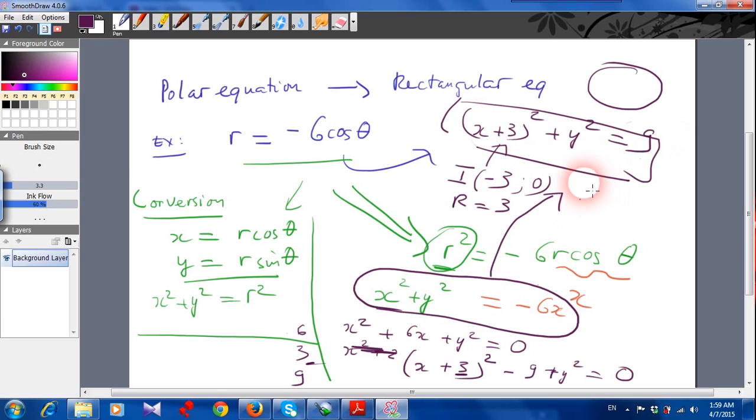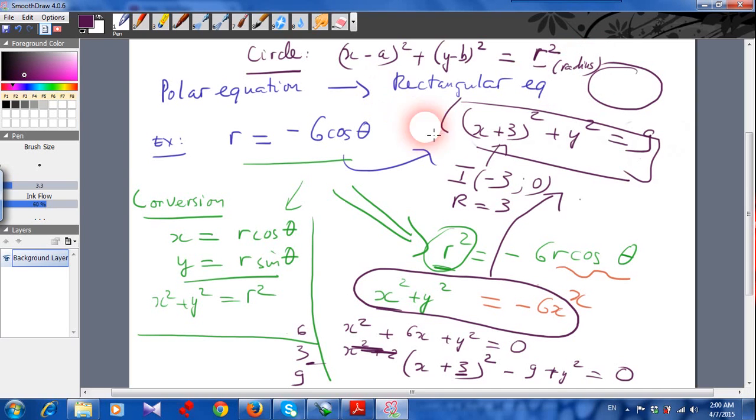If you forget the general equation for a circle, it is (x − a)² + (y − b)² = r², where r is the radius.